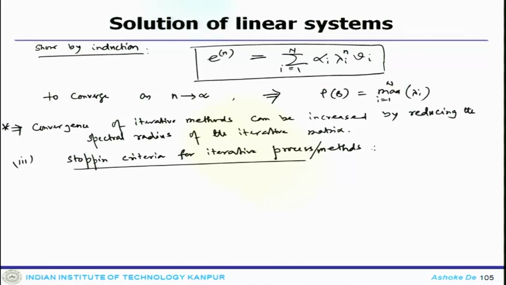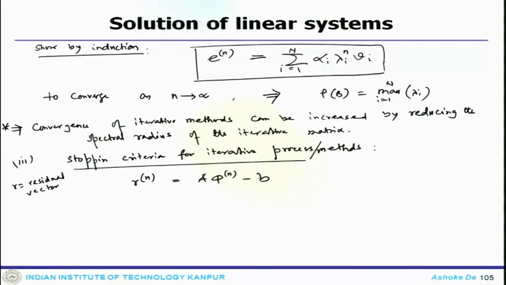Very often people use the variation of the norm of the residual error, like the residual error defined as r to the power n. r is the residual vector and this error comes as A phi to the power n minus b.